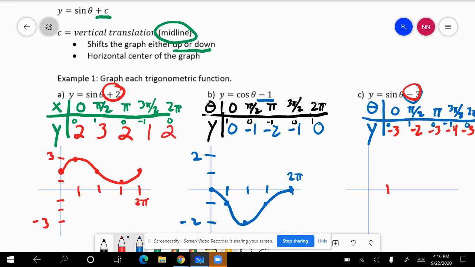So when we graph this, our maximum value is -2, and our minimum is -4. So 0, -3, pi halves -2, pi is -3, 3 pi over 2 is -4, and 2 pi is -3.